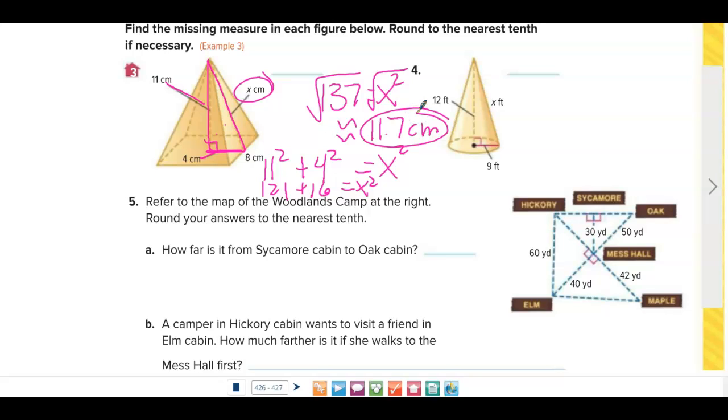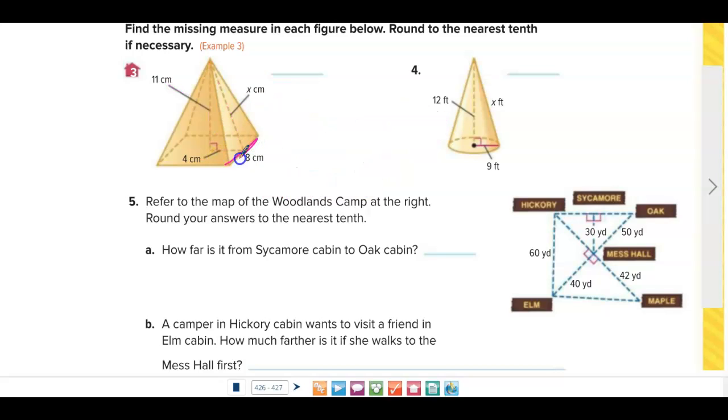Okay, they tried to trick you by giving you this extra length of 8 centimeters. We don't actually care what this side length is because that doesn't have anything to do with our right triangle on the inside.